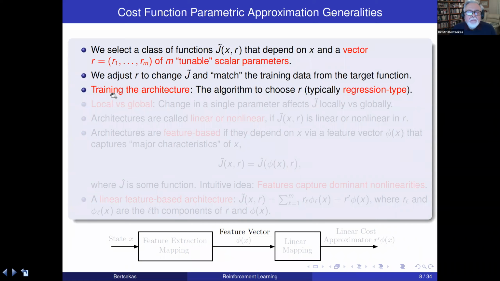And by training the architecture, we mean that we apply an algorithm that chooses r, and this algorithm typically solves a regression type problem involving the sum of squared errors or something similar, errors between data and output of the approximating function.